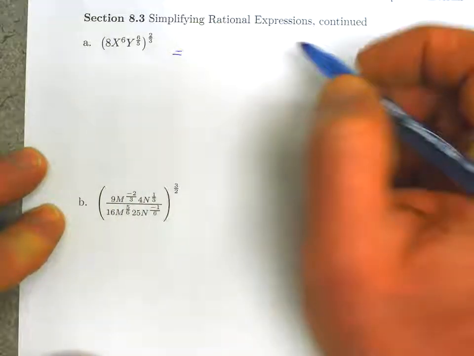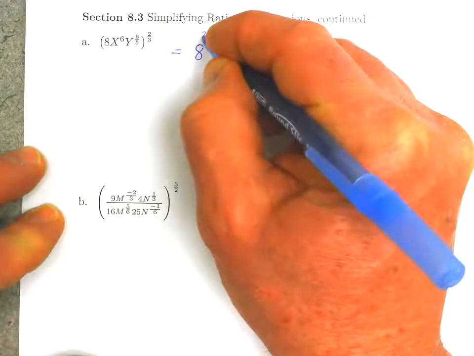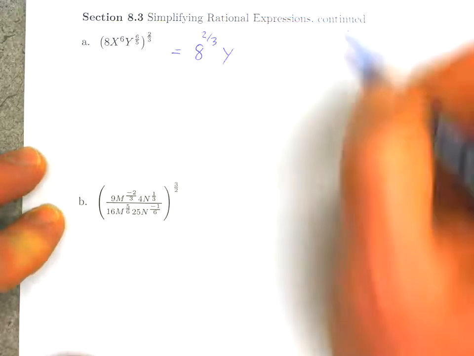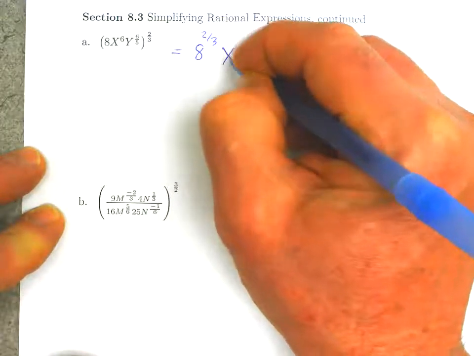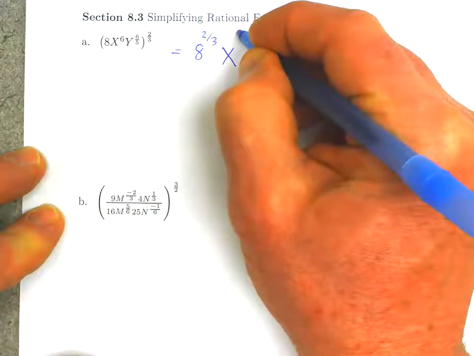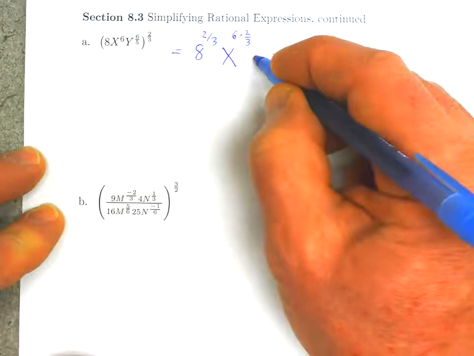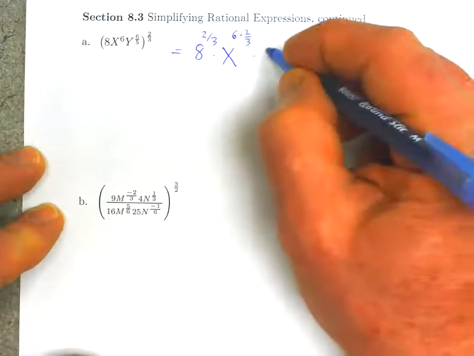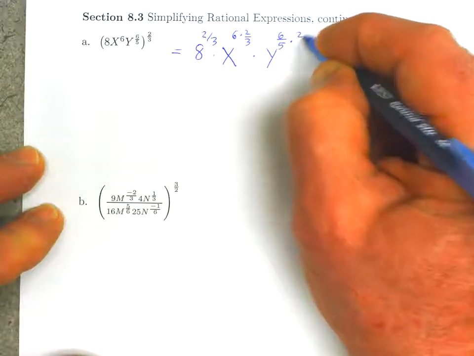So when we apply the property of exponents, we get 8 to the 2/3 times x to the 6 times 2/3, we'll simplify that in a second, times y to the 6/5 times 2/3.